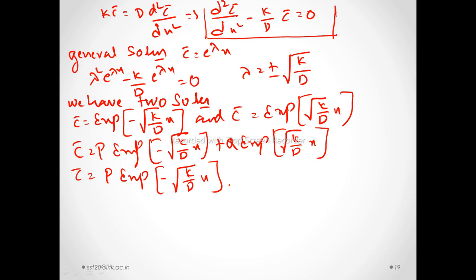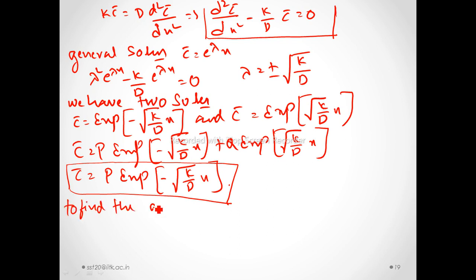To find the value of p, we need to use the second boundary condition.